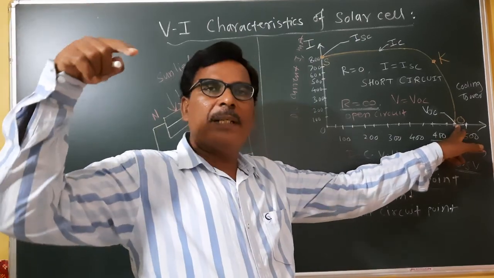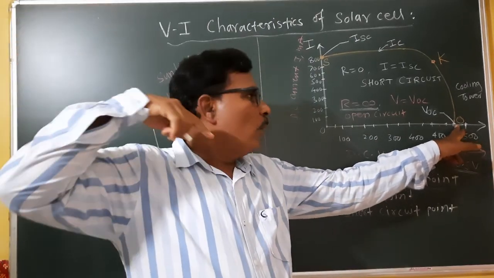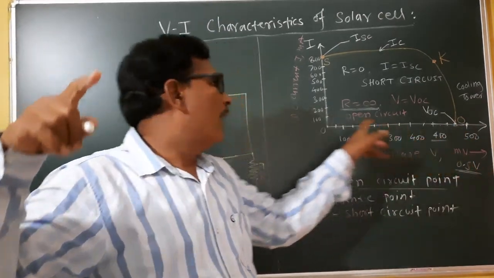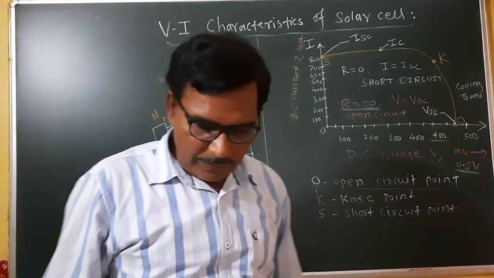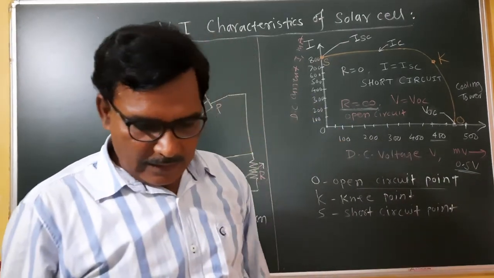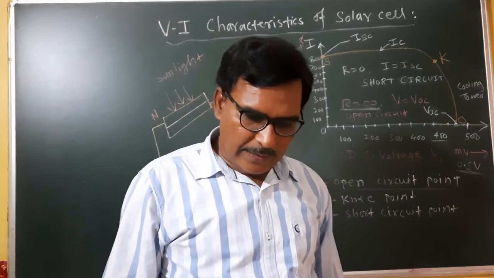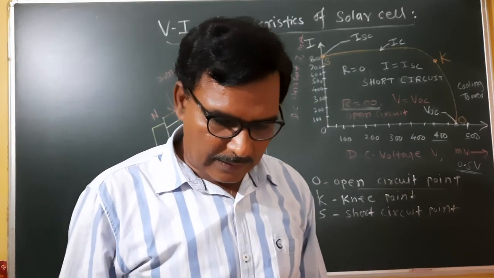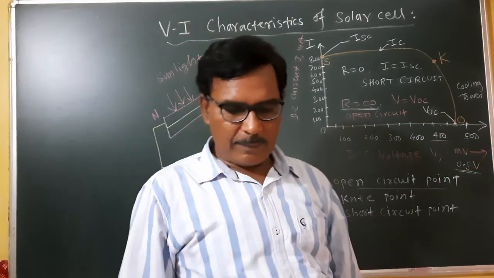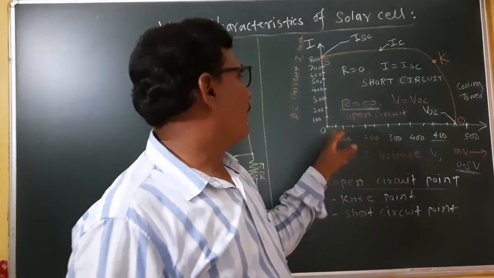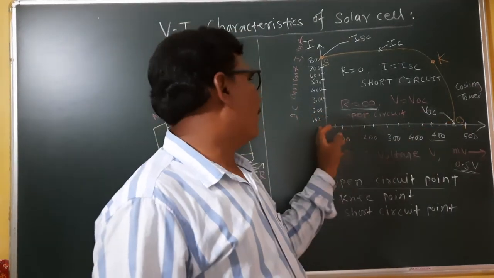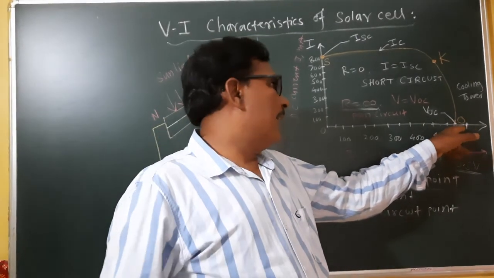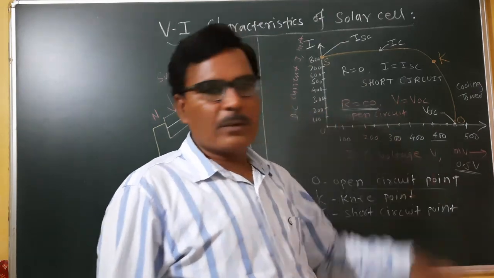R is infinity, in the megaohm range. The voltage is open circuited, and at that time it generates 0.5 volt and the current is 0. This is the maximum voltage across the PV cell, and the open circuit current is 0 at that particular point. Voltage is maximum, that is open circuit, R is infinity and current is 0.